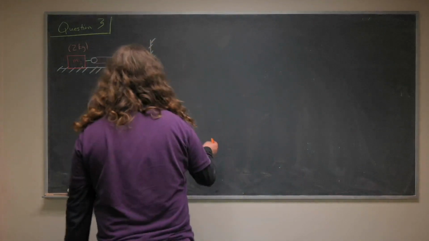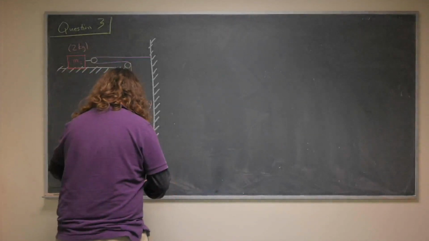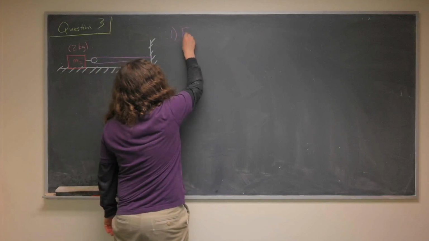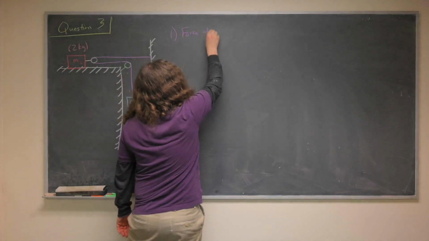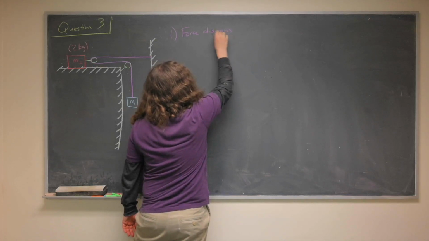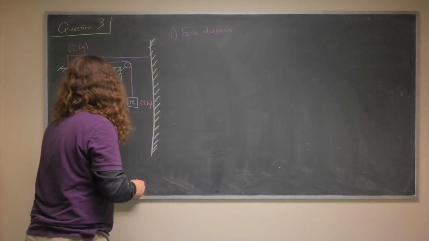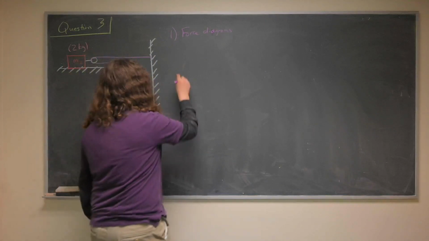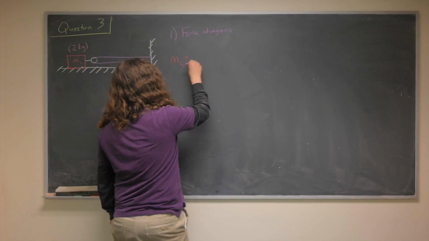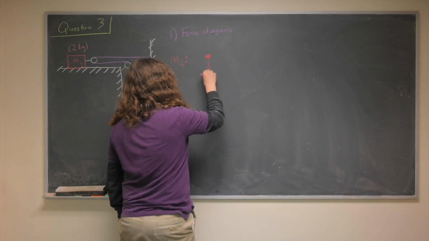All right, so the question just asks you to find their acceleration. So we do this in the same way that we do everything else. First we draw force diagrams. Now for M2, gravity goes down.